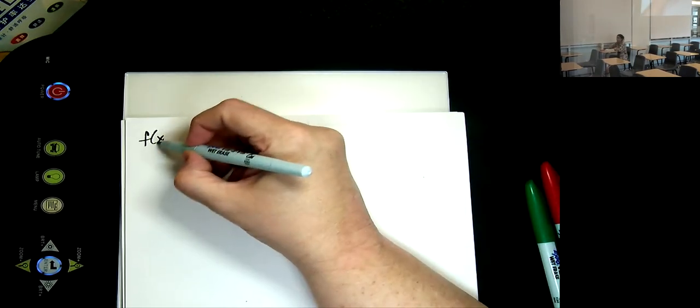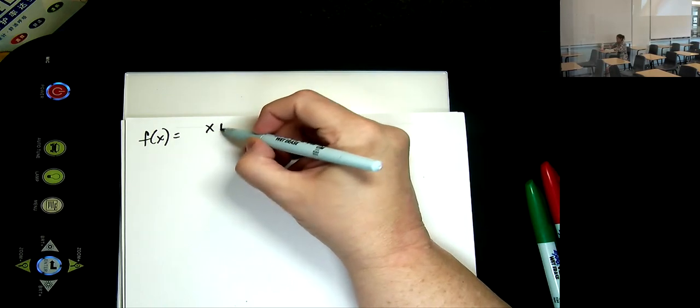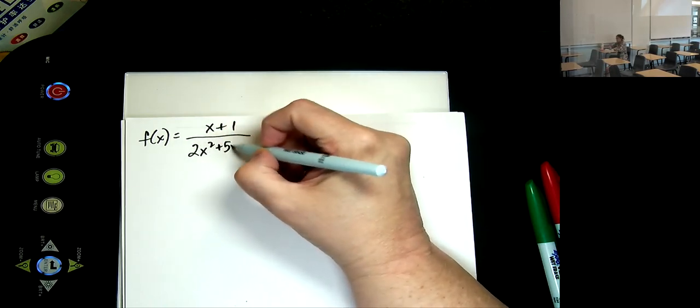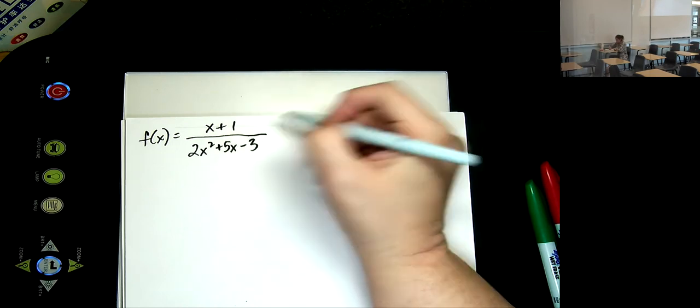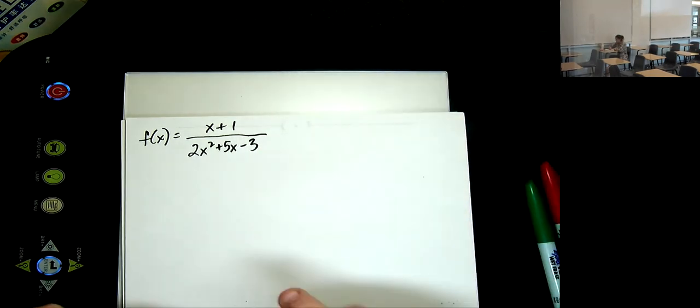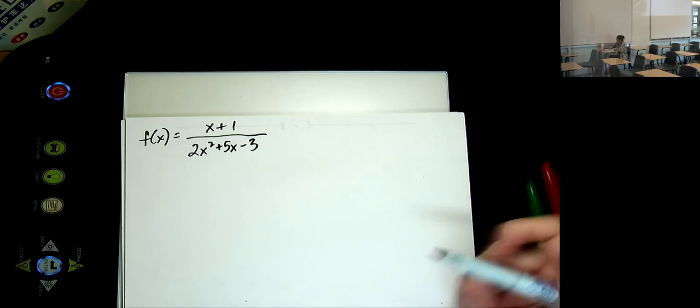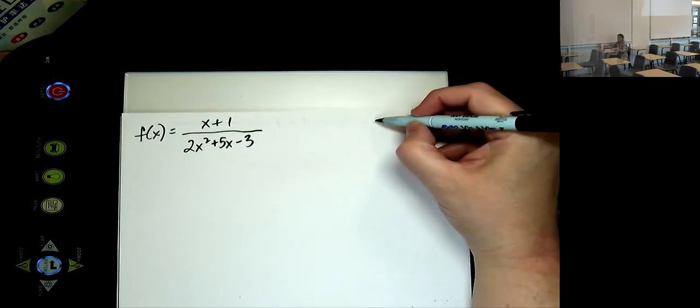Let's go with f of x equals x plus 1 divided by 2x squared plus 5x minus 3. Let's figure out what we can about this graph. So we want to know asymptotes.